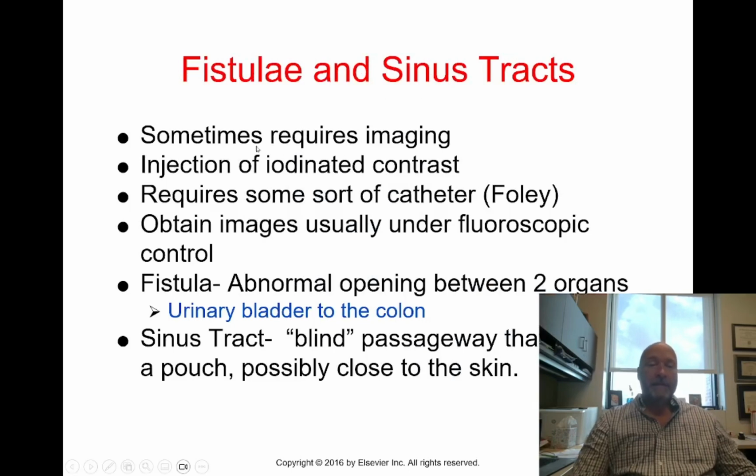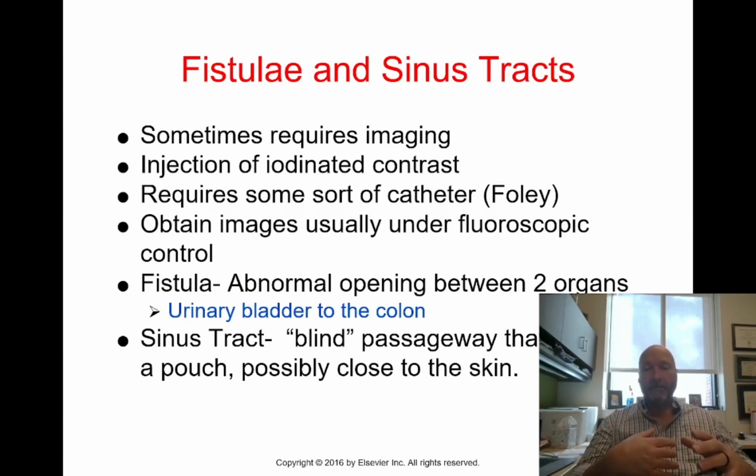So fistula and sinus tracts are, we kind of confuse the two. Sometimes they require some sort of imaging, and that will be injection of iodinated contrast. So what we're going to need then is something with a balloon on it that we can put inside of the lumen or the hole of that fistula or sinus tract to keep it from spilling out before we're ready for it to. So we'll want to see where it goes.